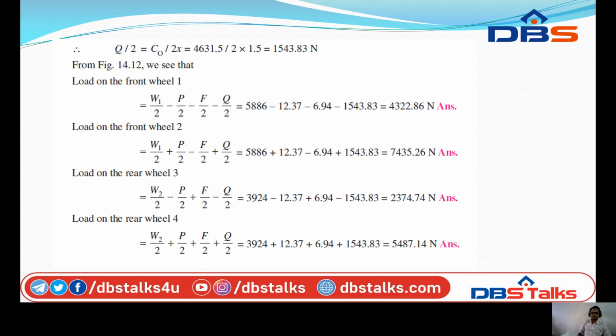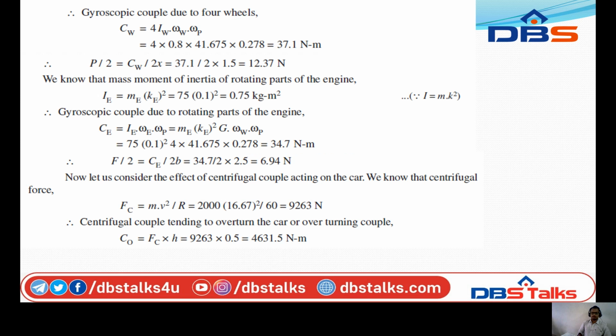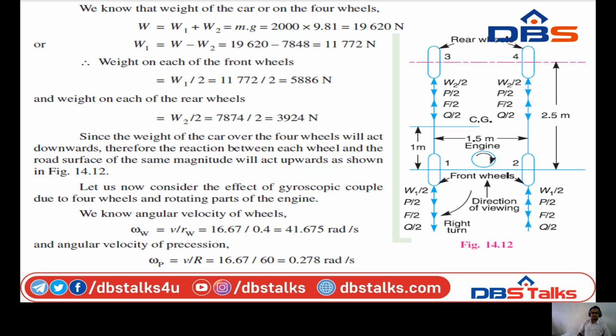From the figure we see that the load on the front wheel 1, that is W1 by 2 minus P by 2 minus F by 2 minus Q by 2. Wheel 1 is the inner wheel on the left hand, and wheel 3 is also an inner wheel.